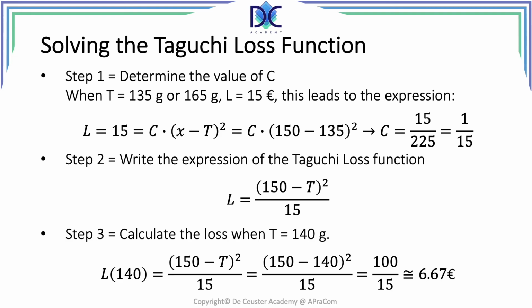In the old situation, we have 6.67 euro as a loss per box. When we reduce the variance of the product, we will see that the loss is lower. Basically, it gives us an indication how much we are saving when we are doing some quality-related projects.